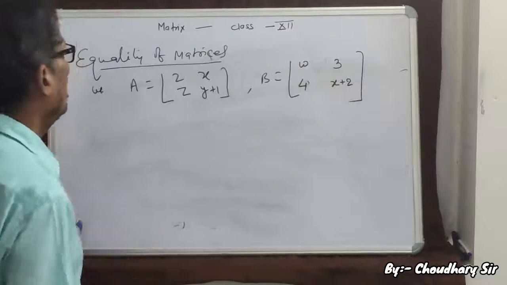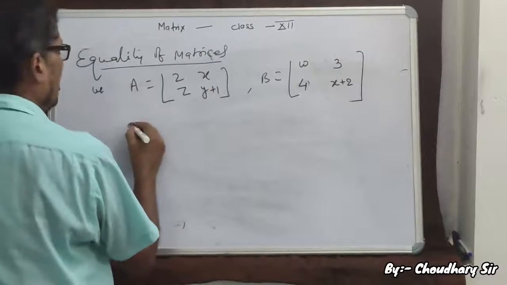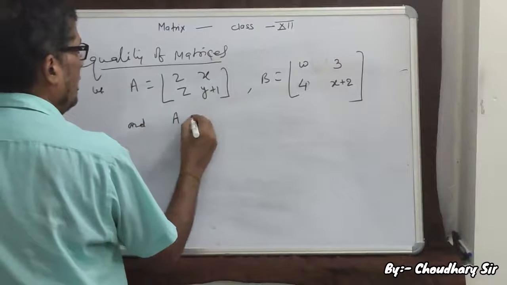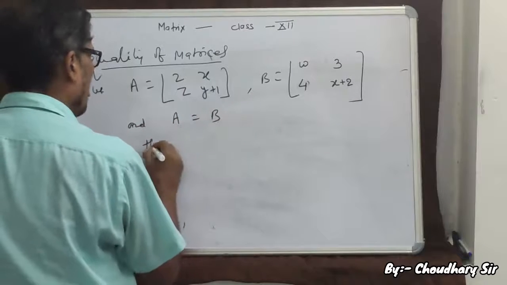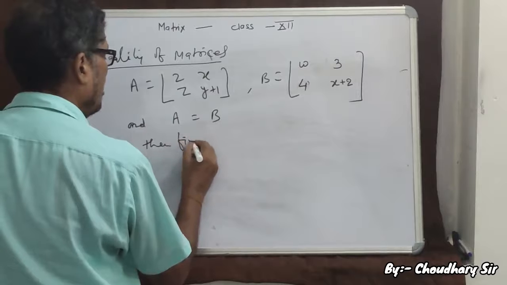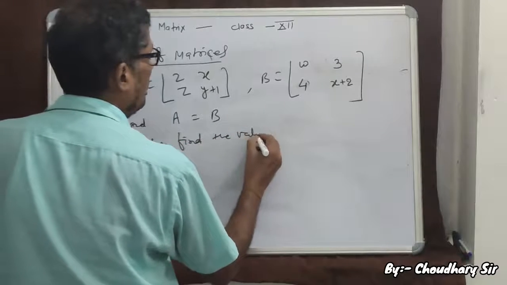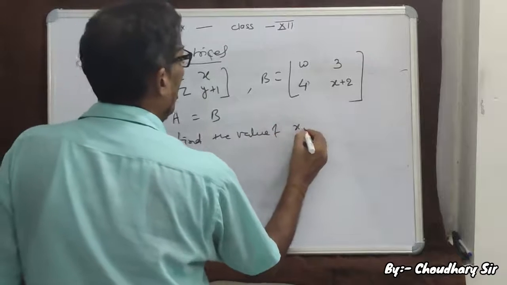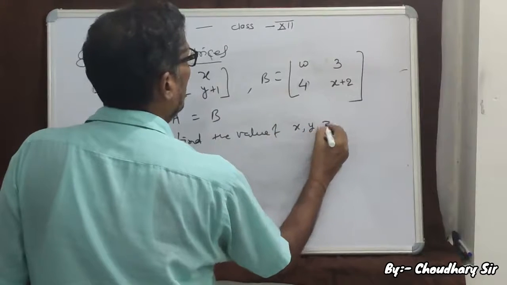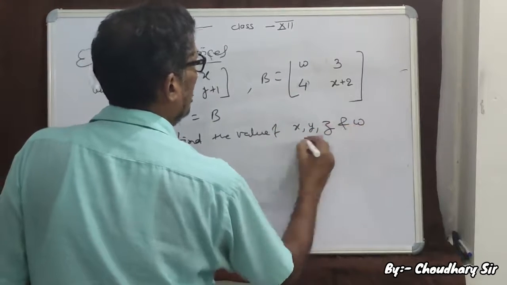If A equals B, then find the values of x, y, z and w.